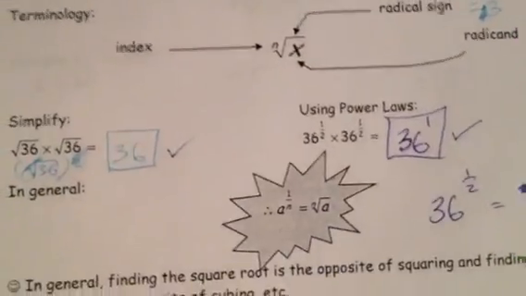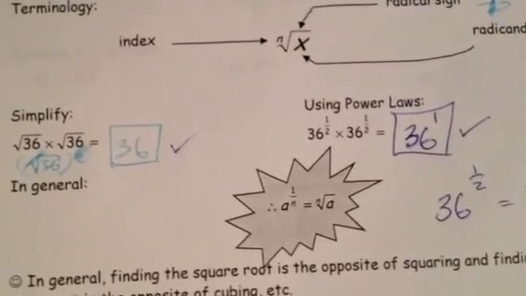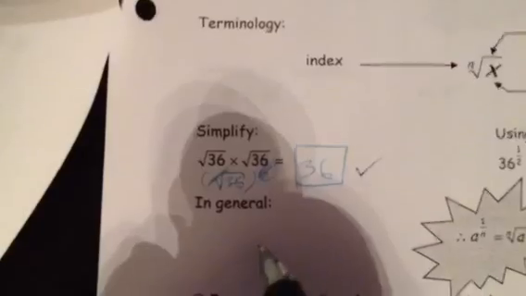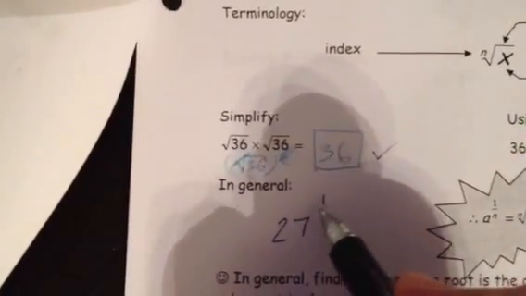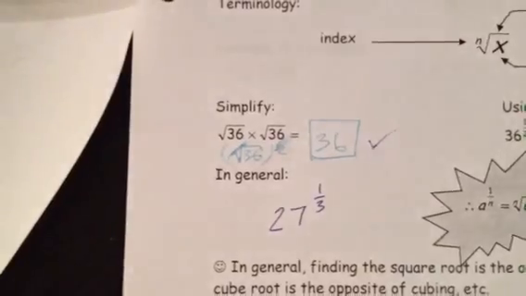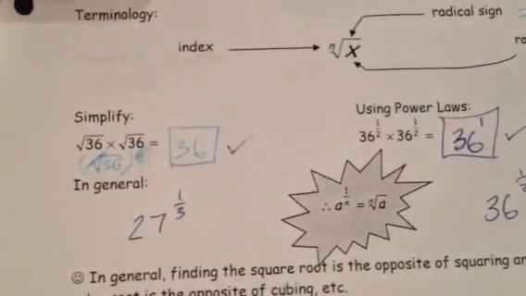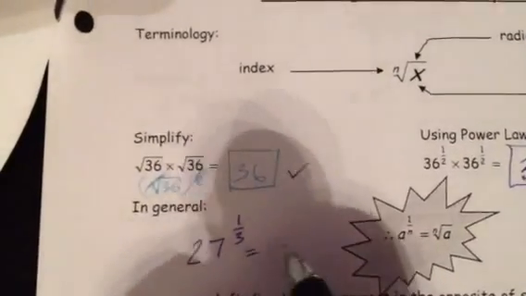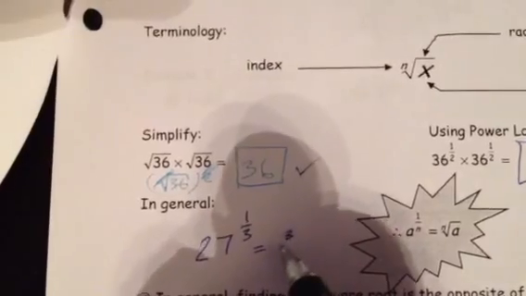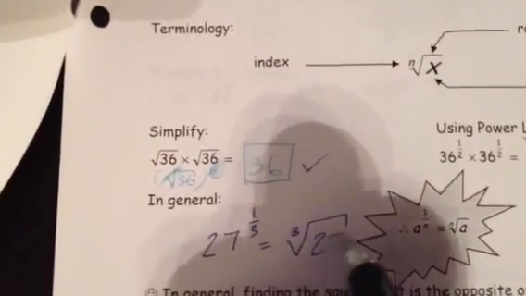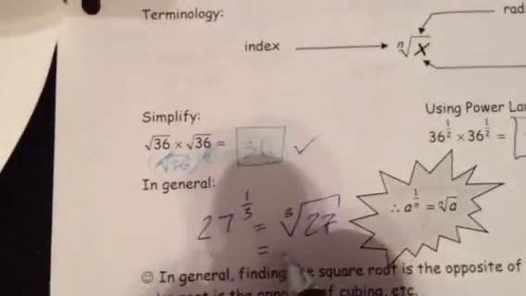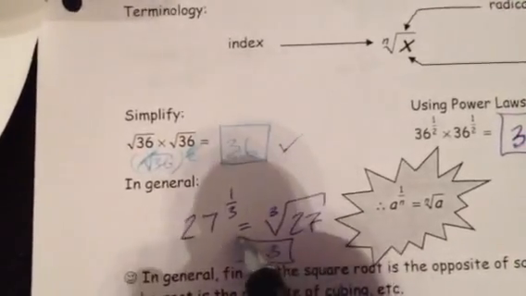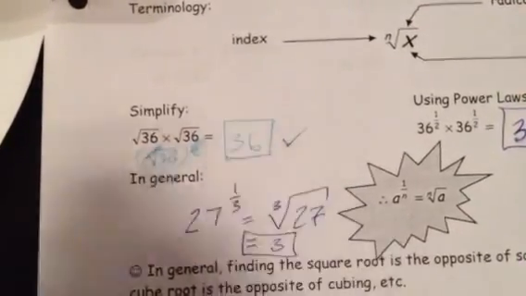So if I did have something that looked like this, let's say 27 to the power of 1/3, according to that rule, this would be the exact same as the third root of 27.